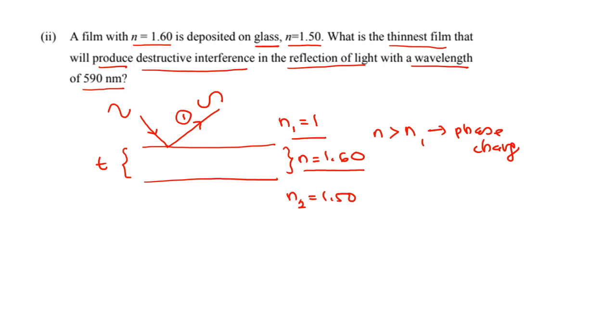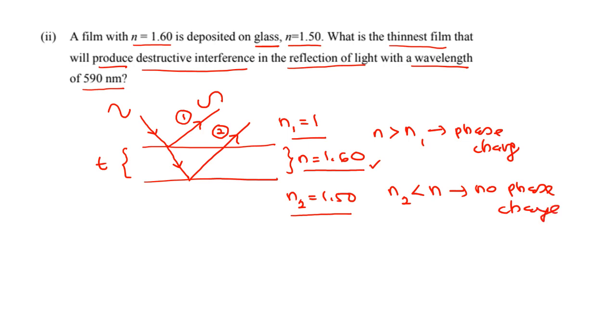Okay, next, this light passes through this film and again reflects. So this one is the second reflected light. So is there any phase change for this light? Okay, let us compare the n for glass and n for film. It is found n for glass is less than n for film. So it means no phase change.